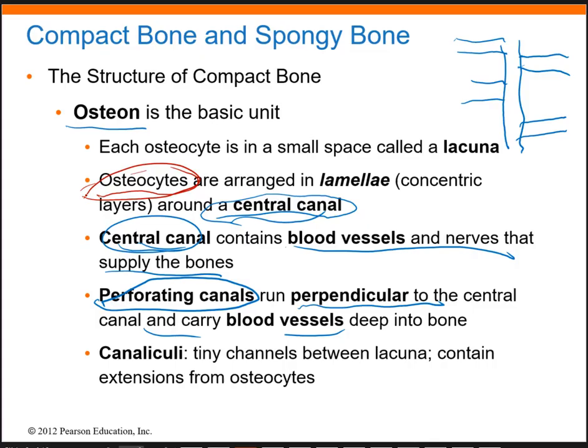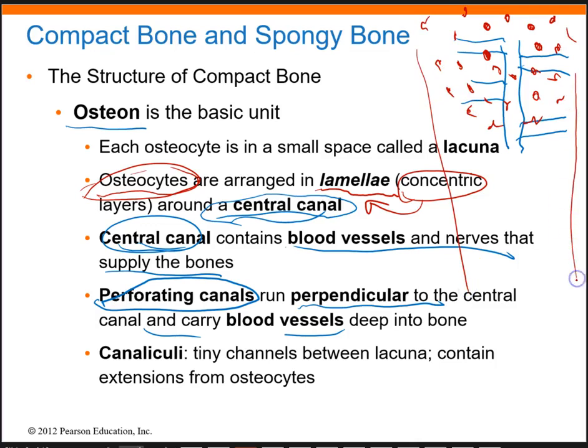And again, they're arranged in these little lamella. They're called concentric lamella. They're concentric layers that radiate out around the central canal. So there will be a little osteocyte, a little osteocyte, and they go all the way around in a circle like this. And then out further, there'll be another circle that goes around, and then out further, another circle. And it's like a cylinder because it's 3D.